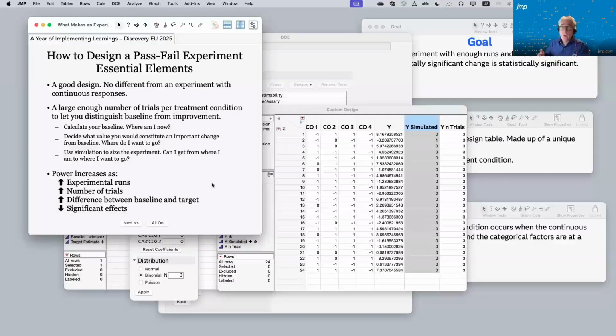If things don't work out as well as you want, if those powers are low, change something like the number of runs, change the number of trials, change what effects you think might be significant, and so on. Do what ifs. The great thing is you always hear you can't get something for nothing. In essence, this is something for nothing. These are experimental runs that don't cost you nearly as much time, certainly not as much money, and they're free for the taking because the tools are already in JMP.